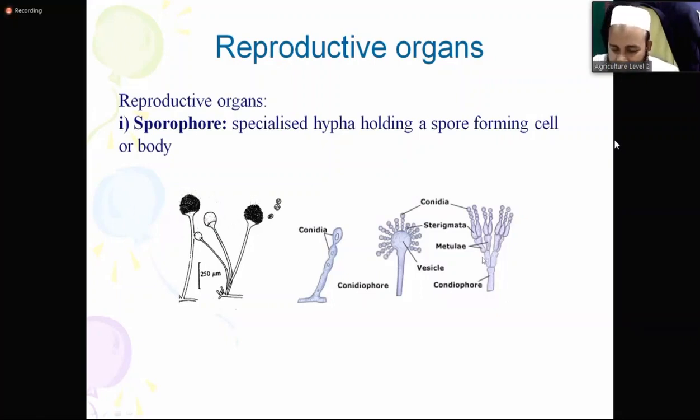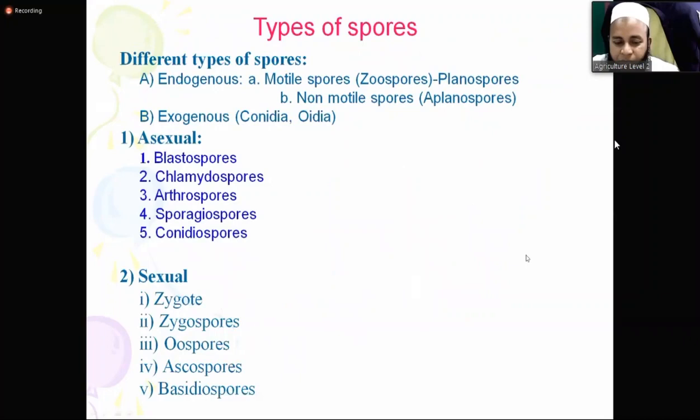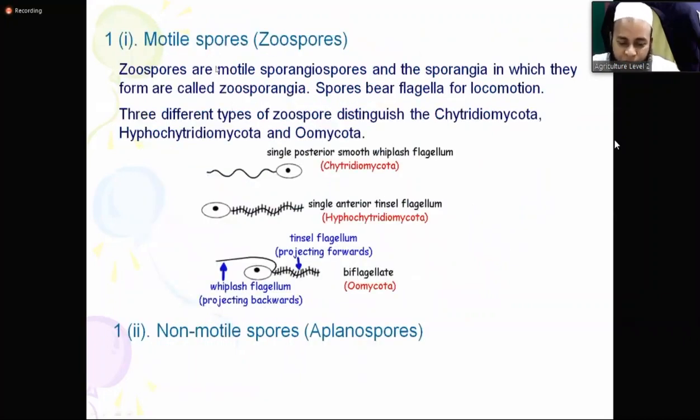You understand? So zoospores are motile sporangiospores, they can move, and the sporangia in which they form are called zoosporangia.